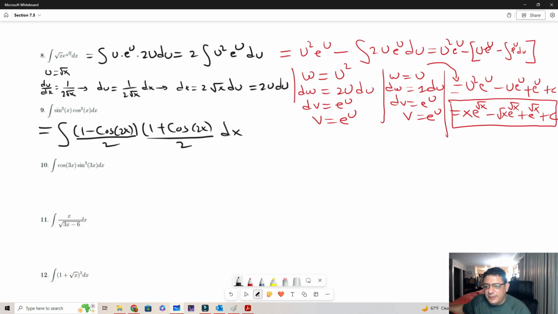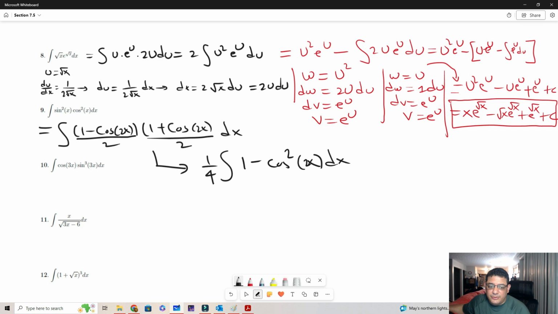And the nice thing with this is that this produces a difference of squares. So from here, this is really transforming into 1 over 4, 1 minus cosine squared of 2x. And so I simplify a very complicated integral into something that I can manage much more easily.